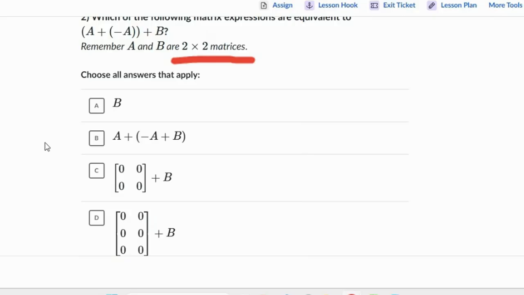I like this one. Which are the same as the top? Same as this. What do you think?